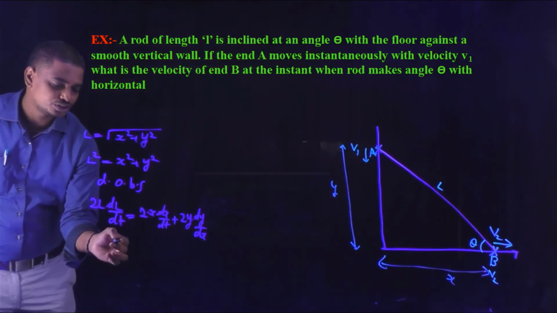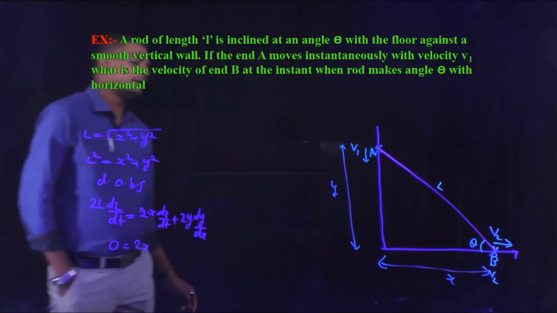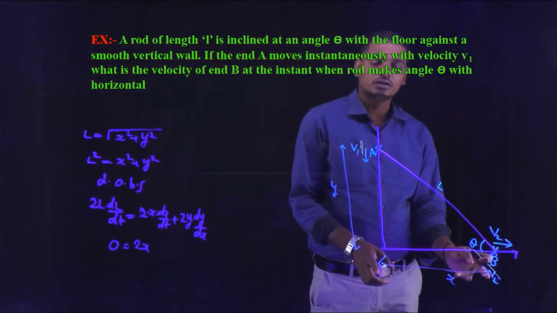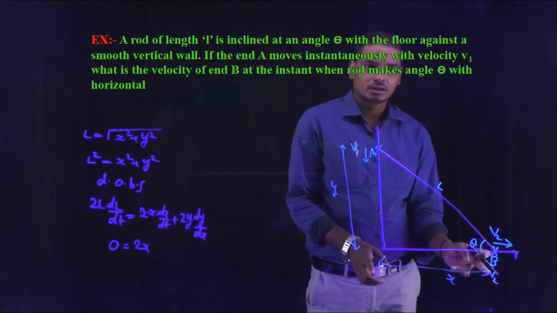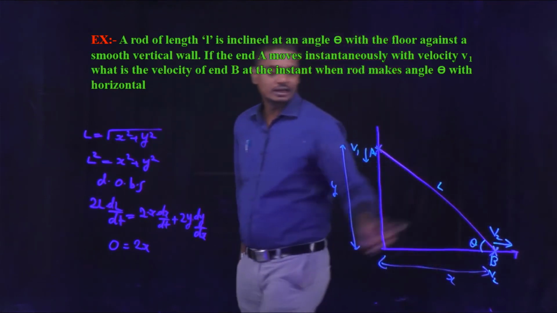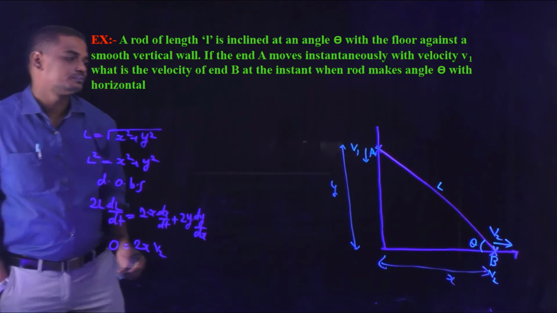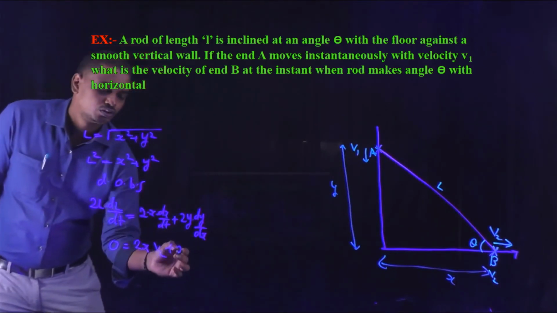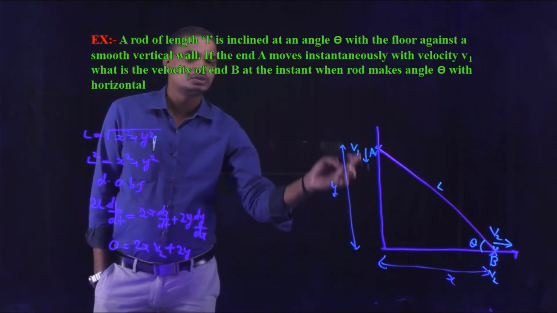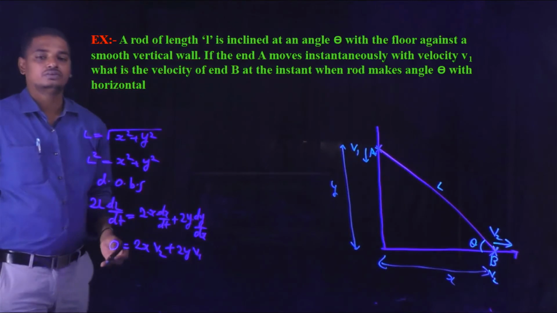So this expression is 0 is equal to 2x into dx by dt. Here x is the displacement of the end B, and how it changes with respect to time is the velocity of B. We can write it as v2, plus 2y into dy by dt, where dy by dt is the change in the displacement of A with respect to time, which can be written as the velocity of A, which is v1.